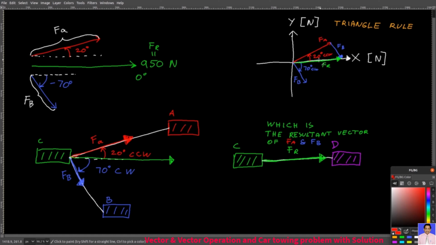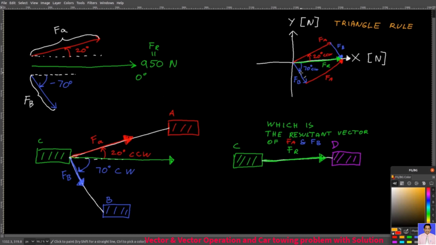Note that you will get the exact same Fr if instead of shifting this blue vector, you take this red vector and shift it here. So the tail of Fa touches the head of Fb, and then Fr goes from the origin to the head of Fa.